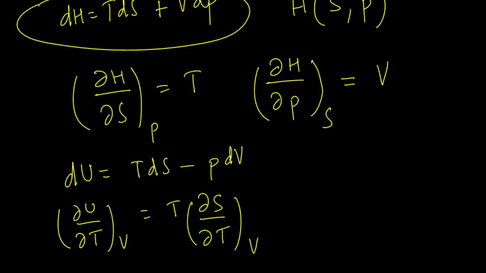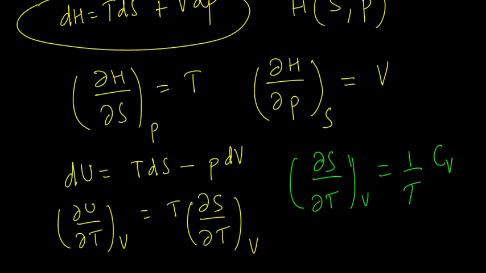Temperature is not constant, it's changing. So what it just gives me is that del S by del T at constant volume is equal to 1 by T times Cv. Likewise, I should be able to get del S by del T at constant pressure is equal to 1 by T times Cp if I use the formula for dH.